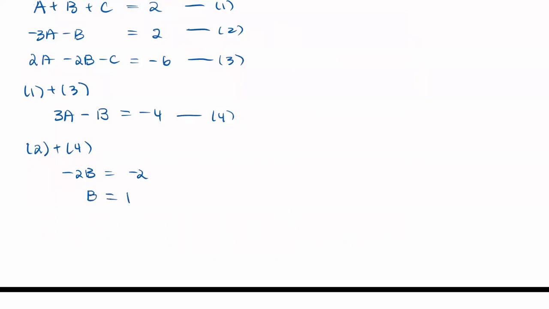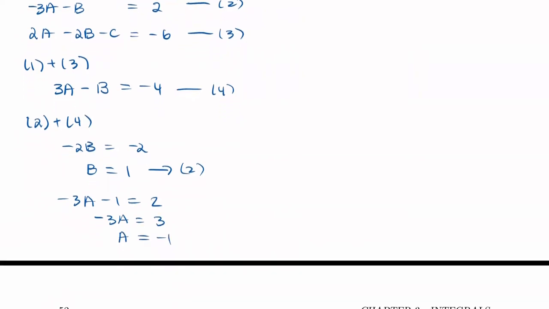And now I'm going to substitute this into 2. So that means it's negative 3a minus 1 is equal to 2. So that means negative 3a is equal to 3. a is equal to negative 1.